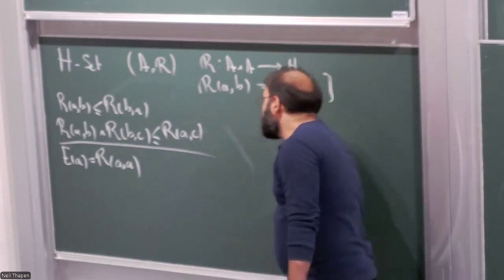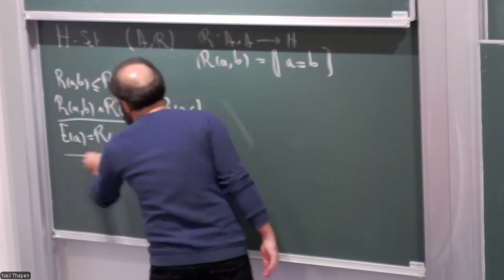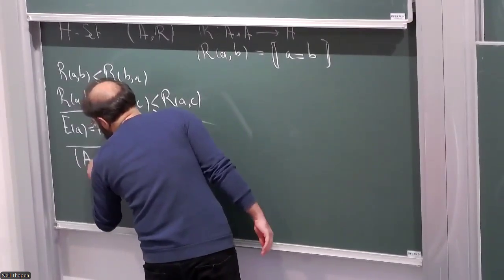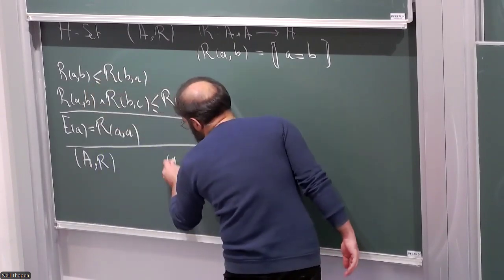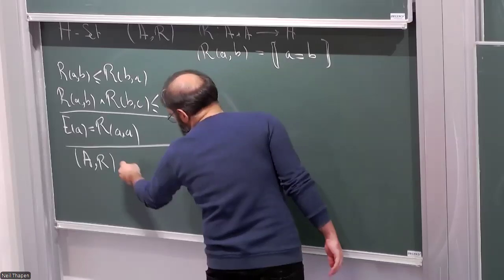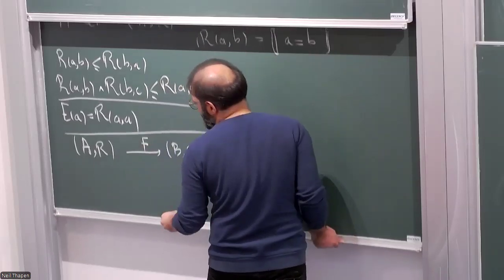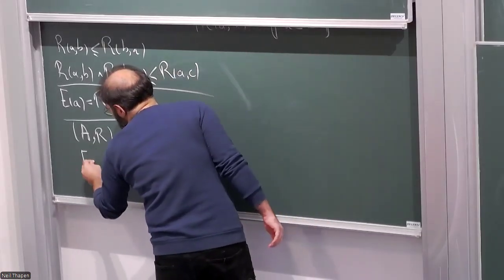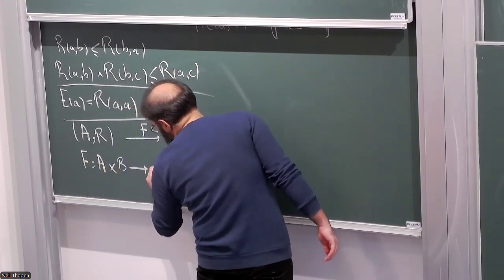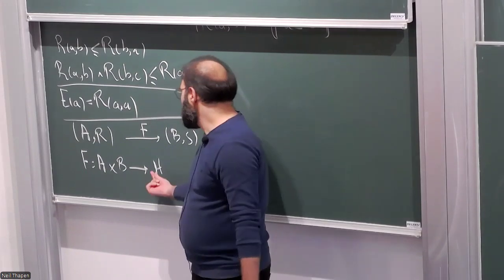And then we also had maps between these guys to have a category. So if you have (A,R) and (B,S) as two H-sets, H is always fixed, then by a map you simply mean some sort of H-relation.